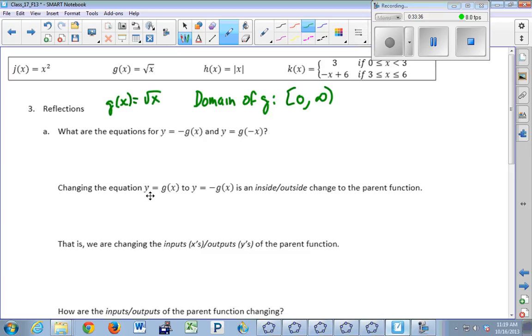So changing g of x to the opposite of g of x, is that an outside change or an inside change? Outside, because I'm still performing whatever my function says. I'm taking g of x, and then I'm changing the output to its opposite. So it's an outside change, and I'm changing the outputs.